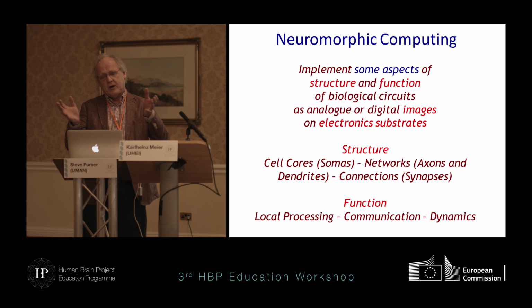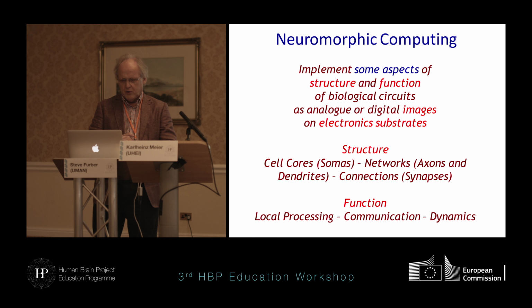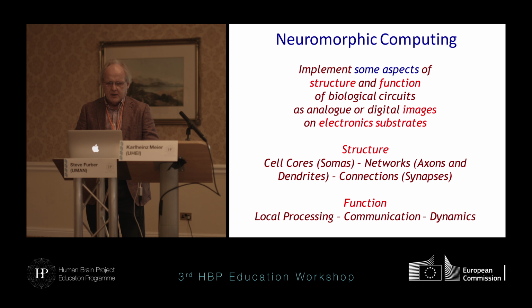So we'll take some part of the problem and map it into the physical structure. And that's the neuromorphic aspect of the systems. And these may be cell cores, networks, connections, or it may be function, so local processing, communication, or dynamics.